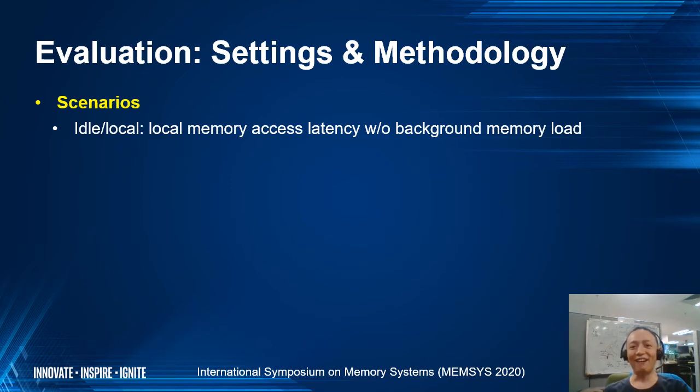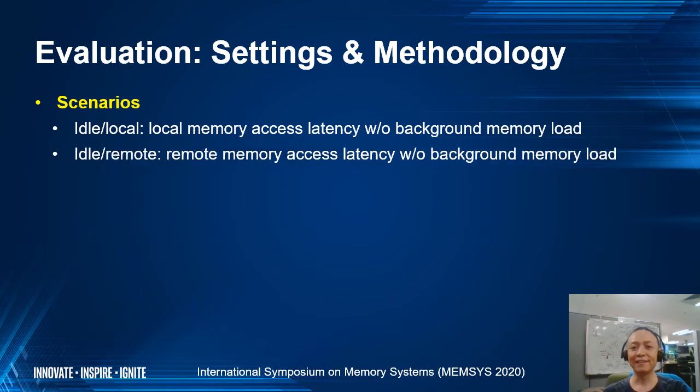To evaluate how well the estimation performs, we look into several different scenarios. In the first scenario, we try to estimate the local memory access latency without explicit background memory load. In the second scenario, we try to estimate the remote memory access latency without explicit background memory load.